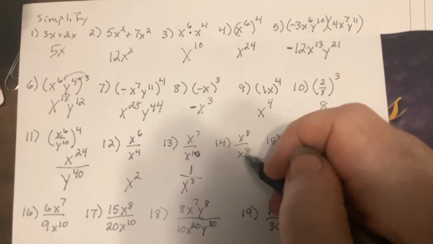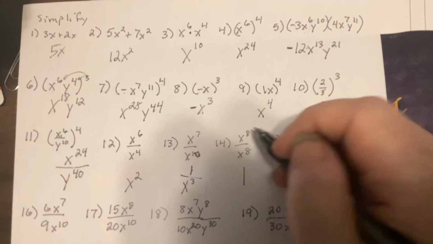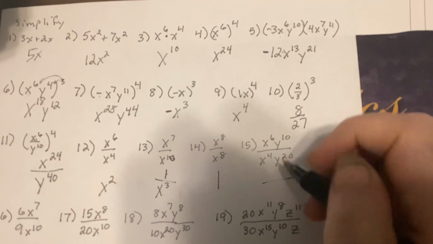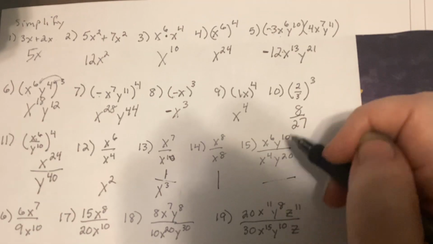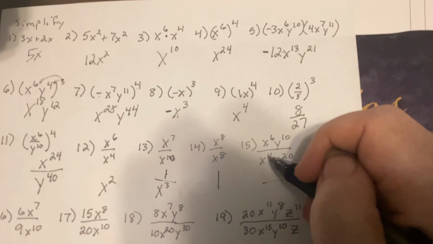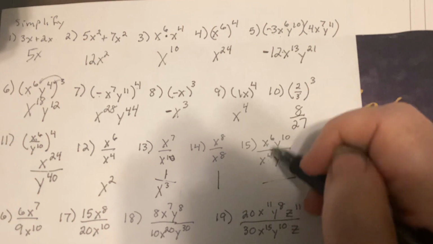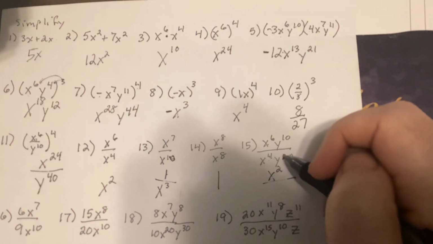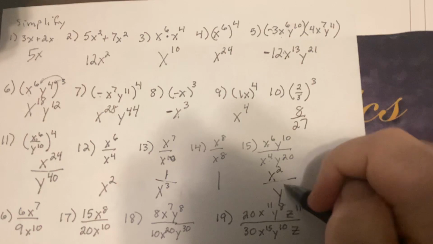Anything divided by itself is 1 except 0. You can never divide by 0. So now we have more terms. So x to the 6th divided by x to the 4th. 4 of these cancel with 4 of these, so you have 2 left over. And 10 of these cancel with 10 of these, so you have 10 of them left over.